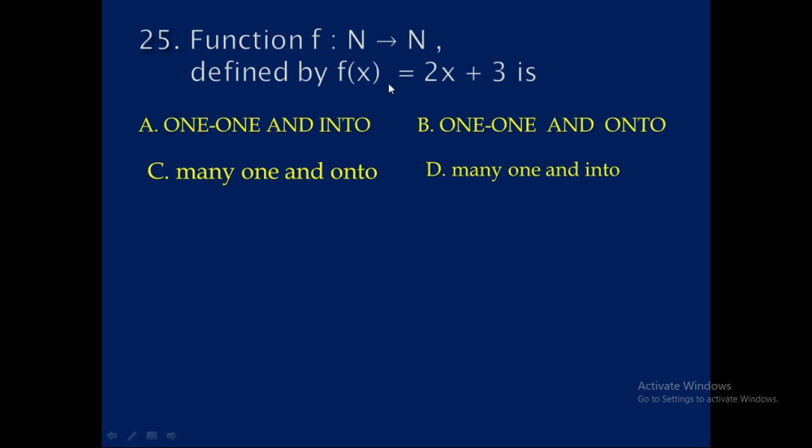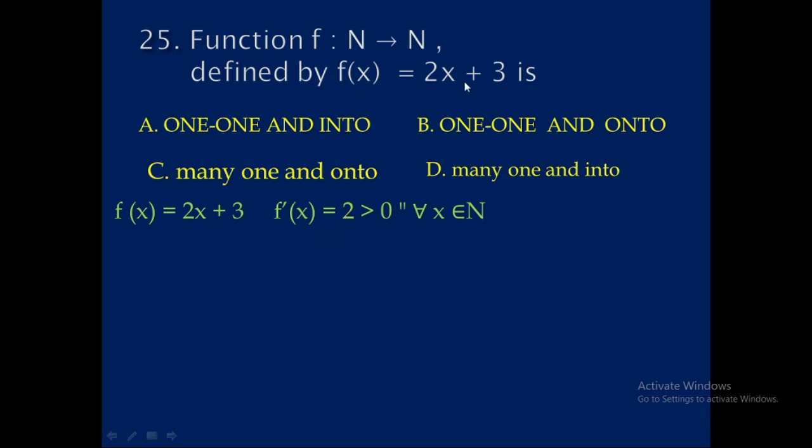Directly verify the given function f(x) = 2x + 3. N is the domain, the set of all natural numbers. Taking x1 and x2 as any two natural numbers, if f(x1) = f(x2), then clearly x1 = x2. Or using the differentiation method, differentiating gives 2, which is always positive.